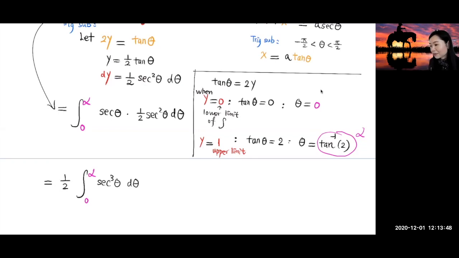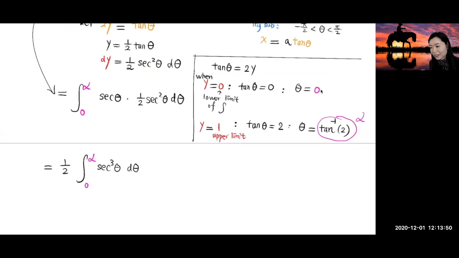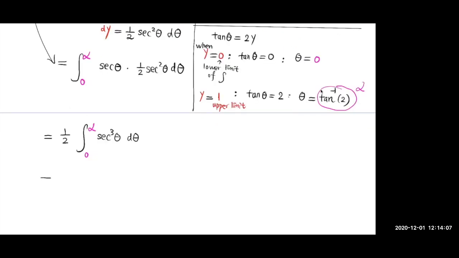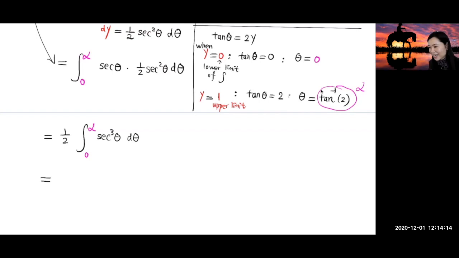It looks kind of simple. However, I wonder if you can remember the formula for the antiderivative of secant cubed. I'll give you $1 if you remember. Anyone? Negative cotangent theta minus theta? No. Let me tell you, I don't remember that either, so look it up.